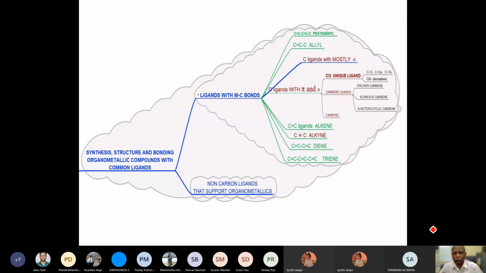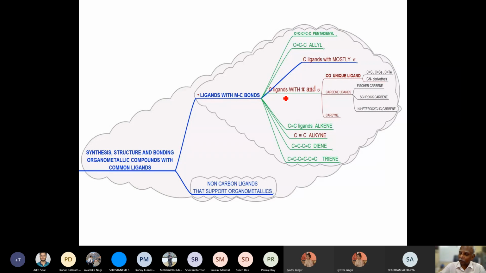Let me quickly recap where we are situated in terms of our discussion of ligands. I said that all the carbon ligands can be classified on the basis of whether they have an odd number of carbons or an even number of carbons.